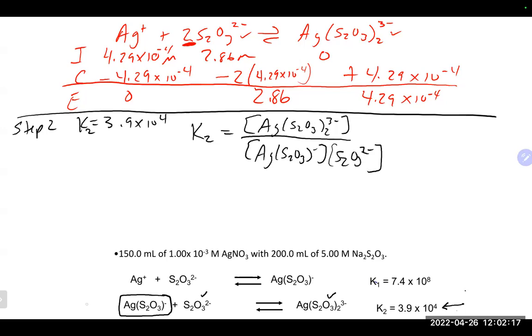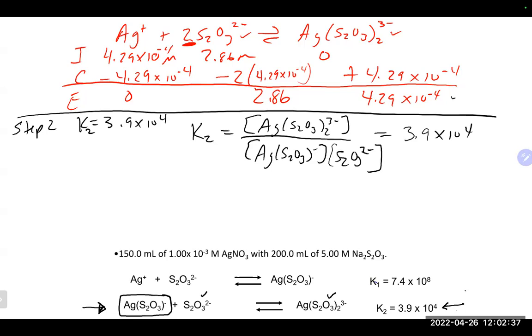Again, that comes from not the overall reaction, but just the second step. That's why we're not squaring the S2O3 here, because it does not have coefficient 2 in the second one. That would equal the K2 value of 3.9 times 10 to the fourth.